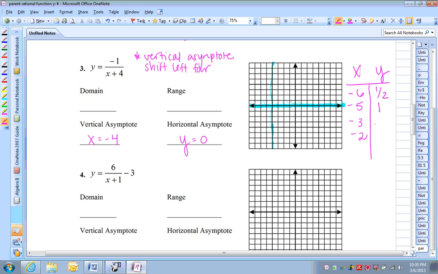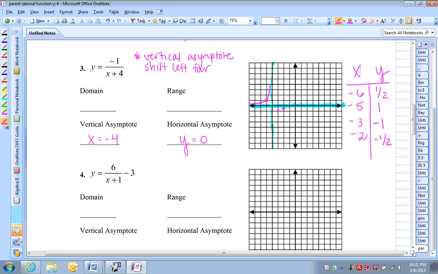And when I plug in negative 3 into my equation, I get a negative 1. And when I plug in negative 2, I get negative 1/2. So now I'm going to go ahead and plot these points. I go to negative 6, positive 1/2, negative 5, positive 1, negative 3, negative 1, and negative 2, negative 1/2.